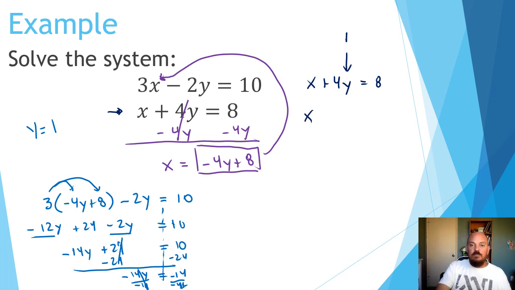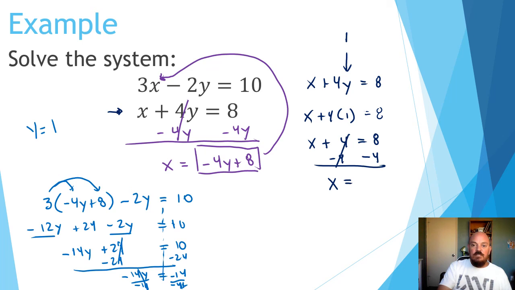So I have x plus 4 times 1 equals 8, which would be x plus 4. Now if I subtract 4 from each side, I got my answer. X equals 4. 8 minus 4 is 4.